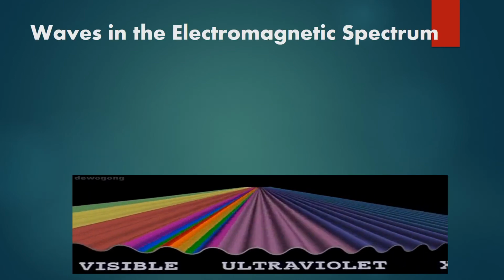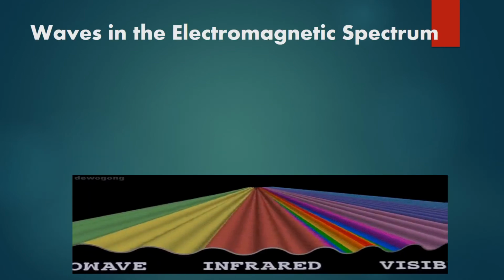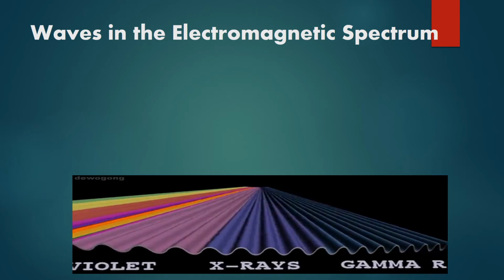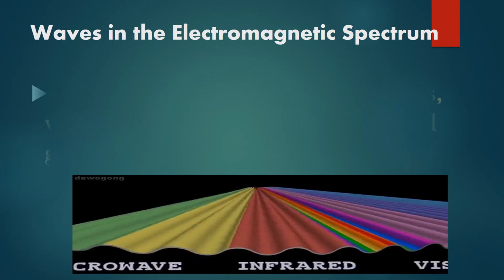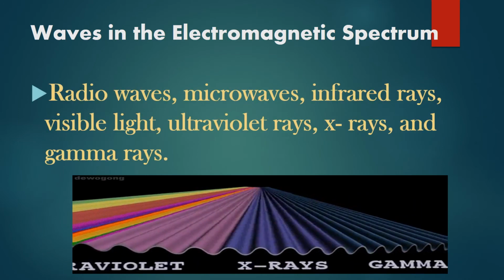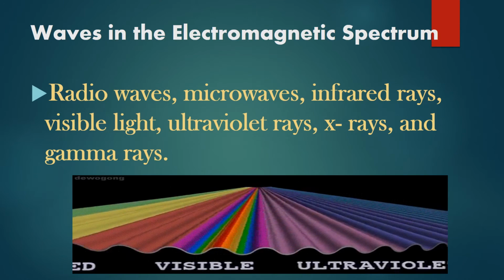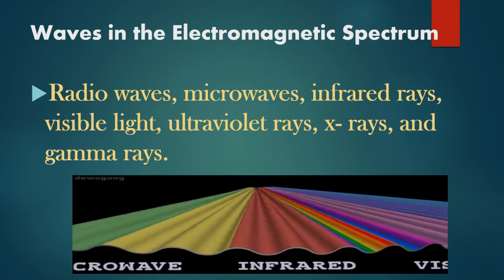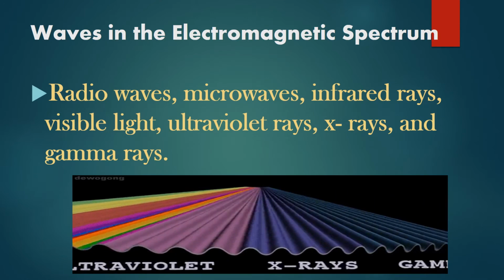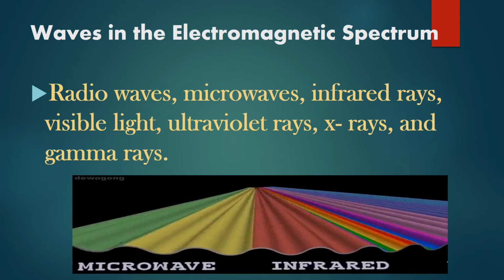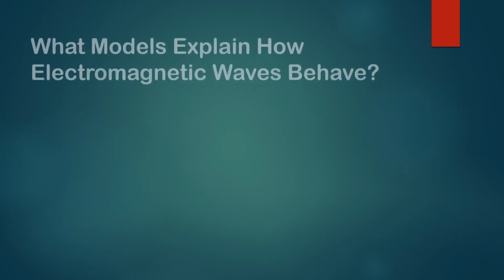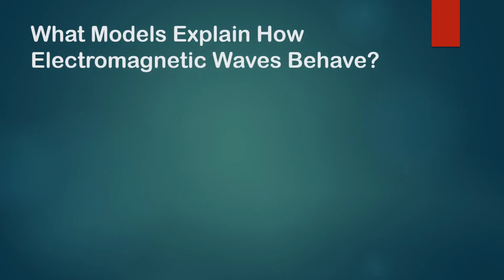Waves in the electromagnetic spectrum. Please be reminded that there are 7 kinds of electromagnetic waves, namely radio waves, microwaves, infrared rays, visible light, ultraviolet rays, X-rays, and gamma rays. The behavior of electromagnetic waves cannot be explained by a single model. 2 different models are required.